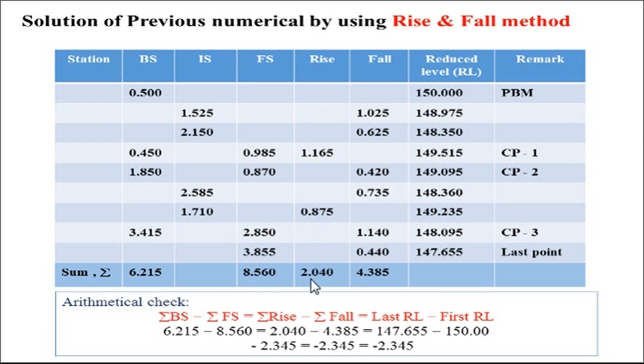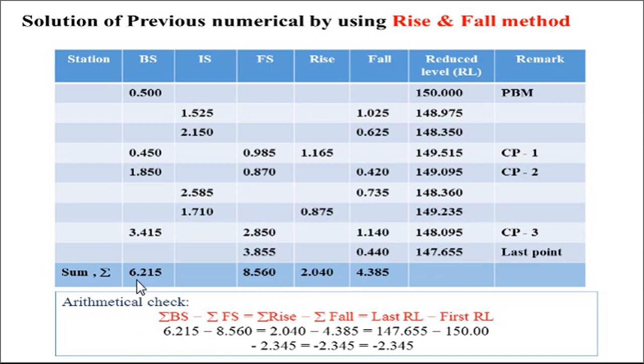The summation of rise is coming 2.040 and the summation of fall is coming 4.385. And then the arithmetic check is like this: summation of BS minus summation of FS is equal to summation of rise minus summation of fall, which is equal to last RL minus first RL.